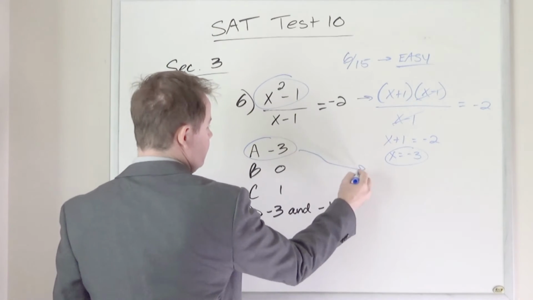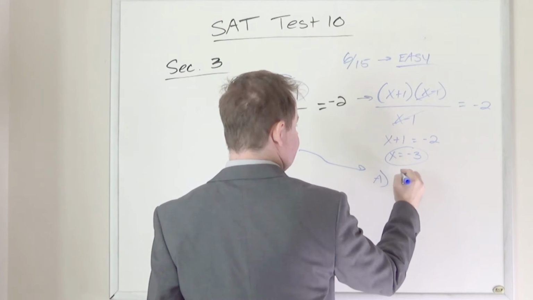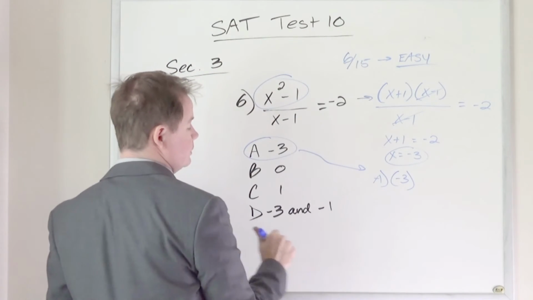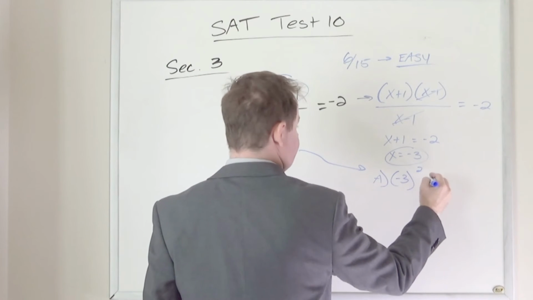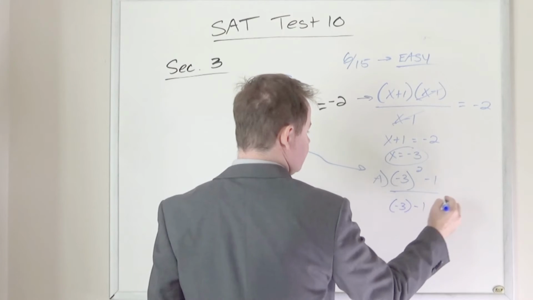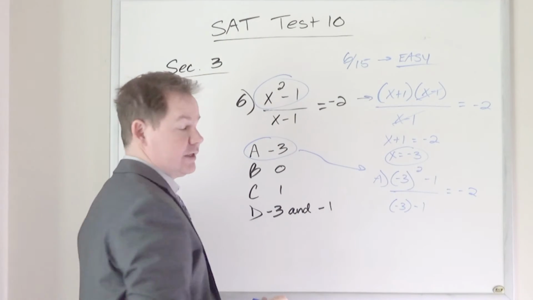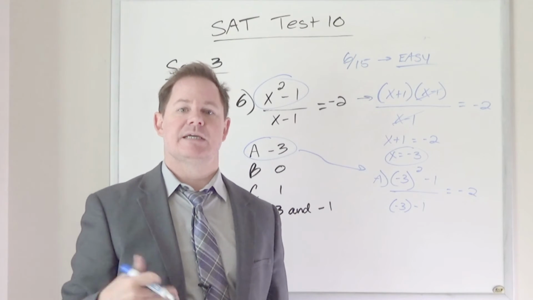So if we try to plug in each answer choice, for A, if you plug in a negative 3 for x into your original, you'd have negative 3 squared minus 1 over negative 3 minus 1 equals negative 2. Negative 3 squared, now when you're squaring a negative number, that means times itself.